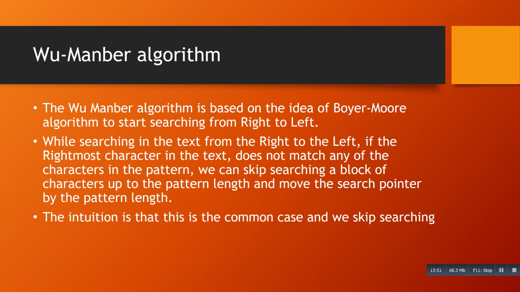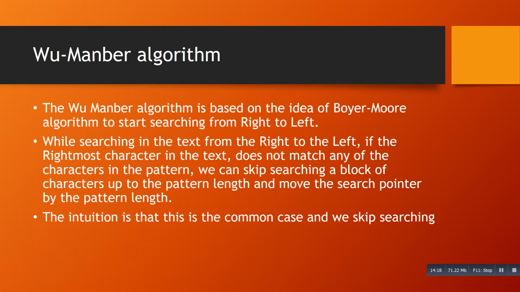And then the problem with the Aho-Corasick algorithm is that because of its large go-to table, it consumes a lot of global memory space. We were looking for an algorithm which will consume less global memory space. So the Wu-Manber algorithm is the best approach for it. It is based on the idea of the Boyer-Moore algorithm to start searching from right to left.